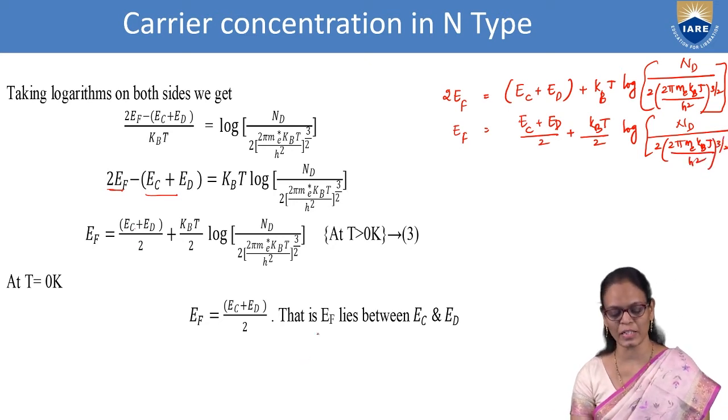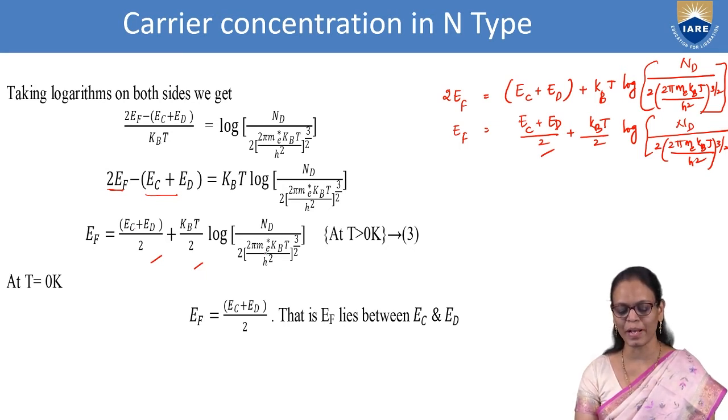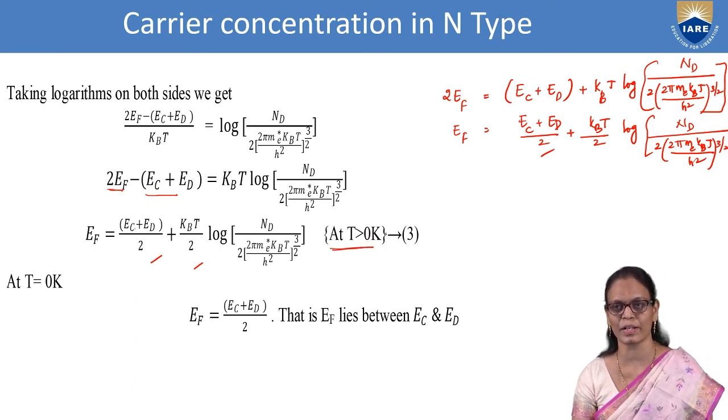So this is what we are getting here, (Ec plus Ed) by 2. This is the term. Then kBT by 2 log of Nd by 2 into (2 pi me kBT by h square) power 3 by 2. This is at a temperature T greater than 0 Kelvin.